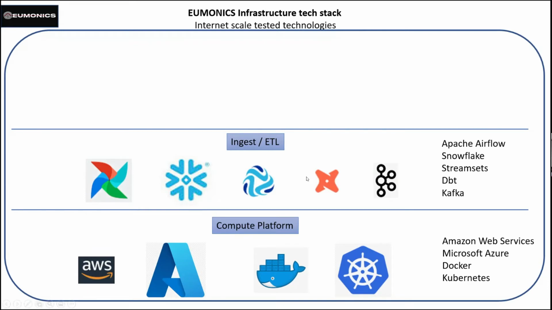And then finally, I have dbt and Kafka as ETL components. dbt is a SQL cataloging tool and a code cataloging tool that allows me to have tens of thousands of different data jobs oriented and organized in a manageable fashion.